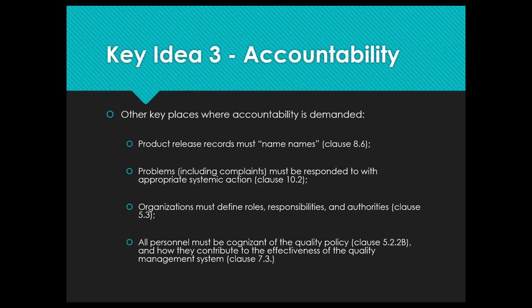That comes from section 10.2. An organization has to define roles and responsibilities. That's in section 5.3. All personnel need to be aware of the quality policy, 5.2.2b, and also how they contribute to the effectiveness of the quality management system. And that comes from 7.3. So accountability is a big picture idea.